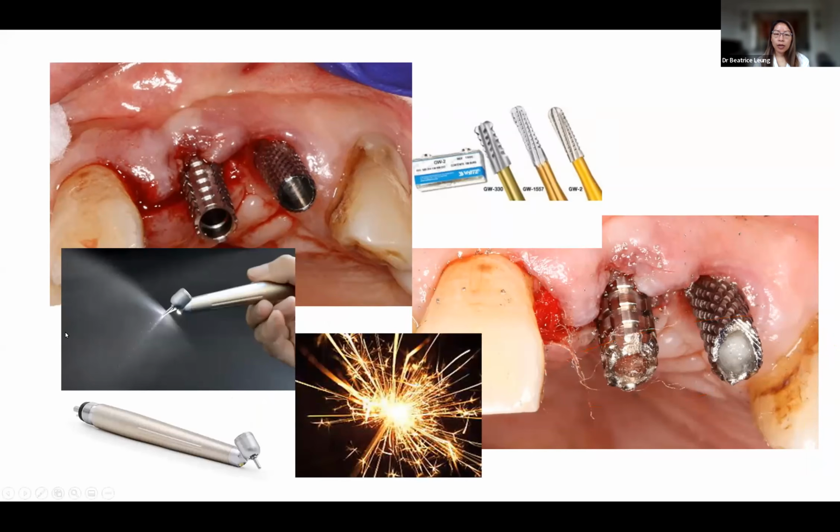And so that's why you need lots of irrigation to keep things cool. And if it makes you more comfortable, you might just want to mark it with a Sharpie marker where it needs to be reduced, remove it, and then reduce it extraorally and put it back, make sure you have in and out. I find the in and out slows me down significantly.